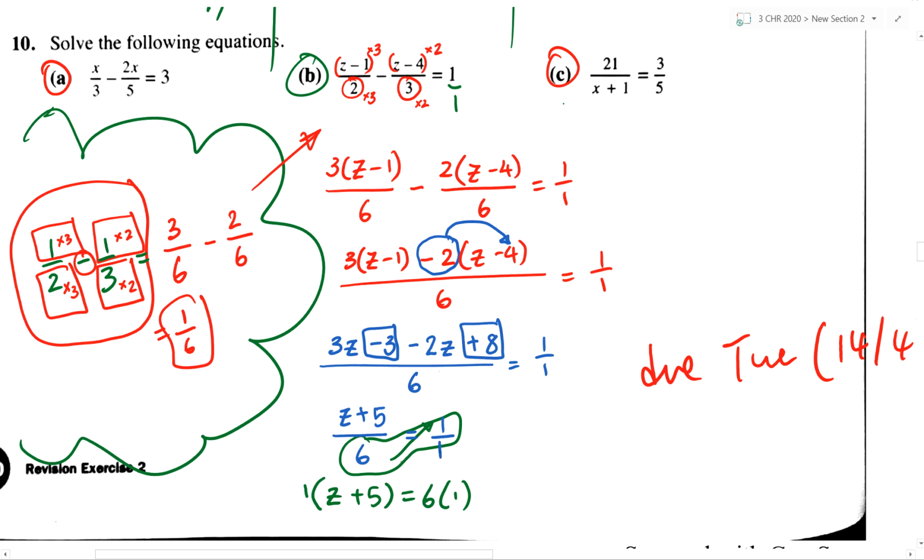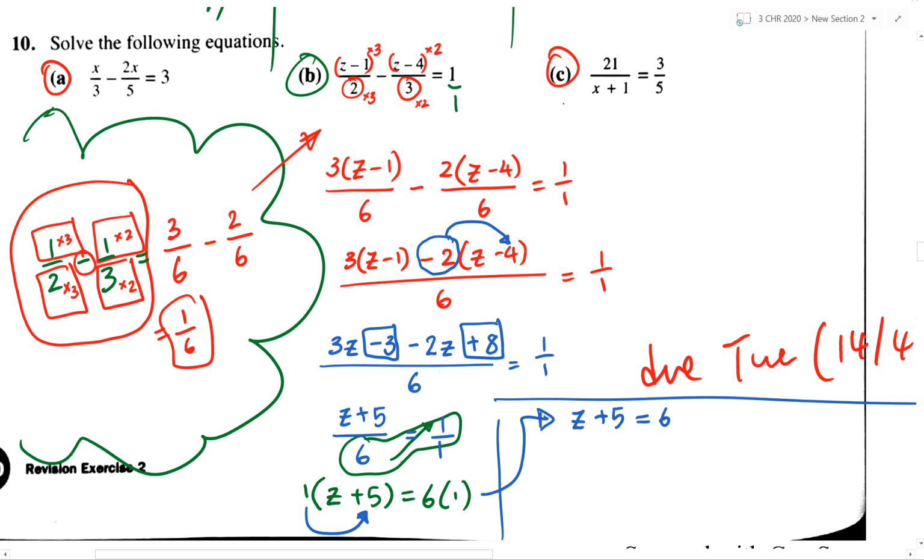So due to the lack of space, I'll just continue over here. 1 is positive, 1 times z, the sign does not change. Now we take 1 times positive 5, the sign still does not change. On the other side, we have 6 times 1, which is 6.